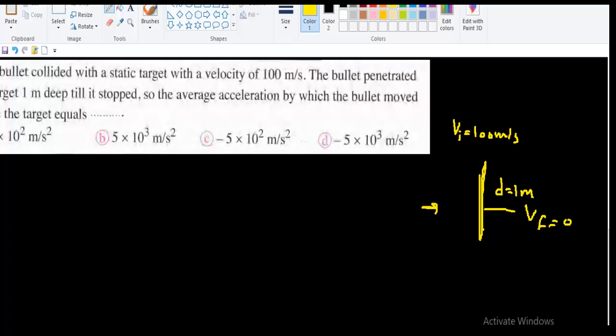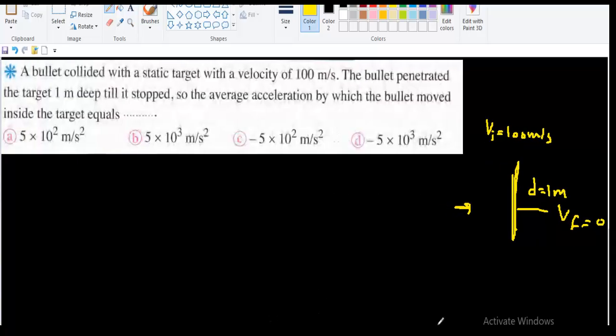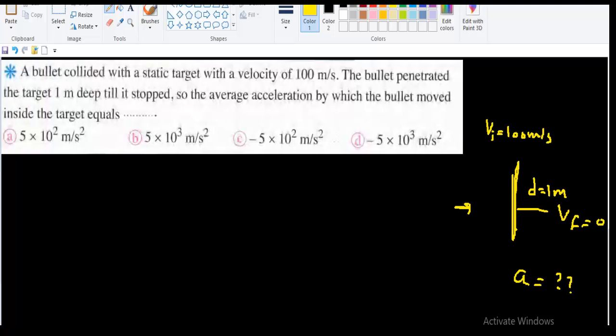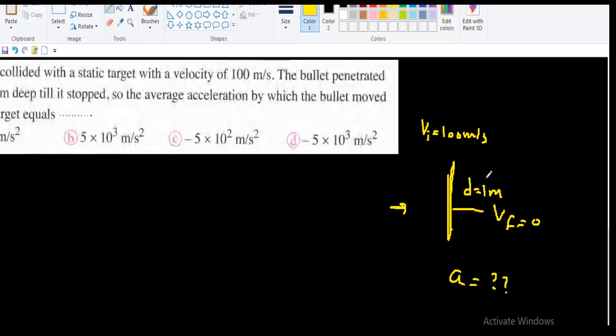So the average acceleration by which the bullet moved inside the target equals acceleration equals. First of all, when the velocity decreases, the body is decelerating, so the acceleration has to have a negative sign.